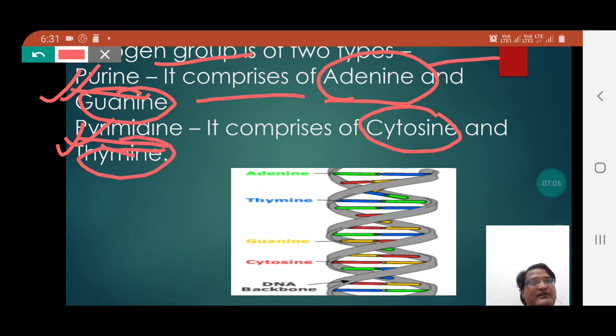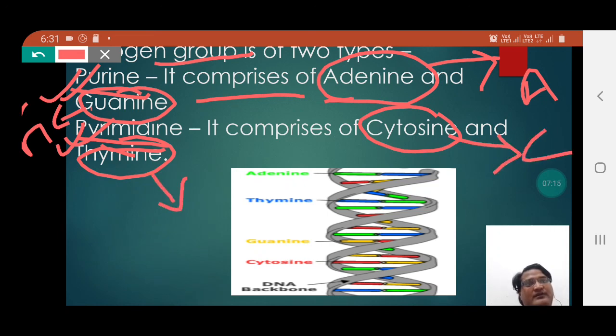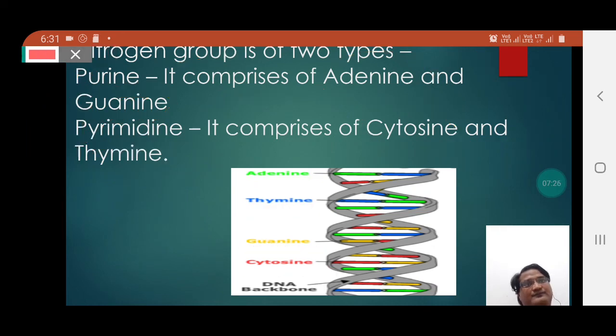So students, adenine is represented by A, guanine is represented by G, cytosine is represented by C, and thymine is represented by T. And all these nitrogen bases we can find here, students, in this picture: adenine, thymine, guanine, and cytosine.